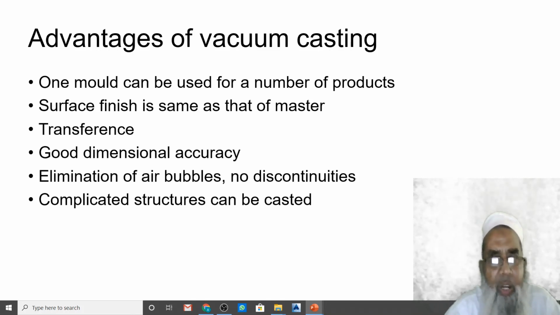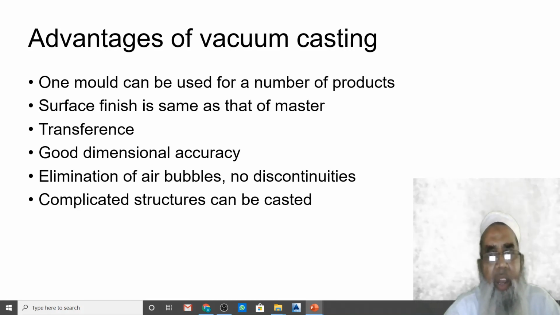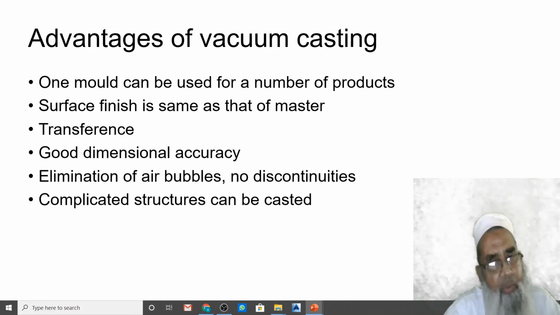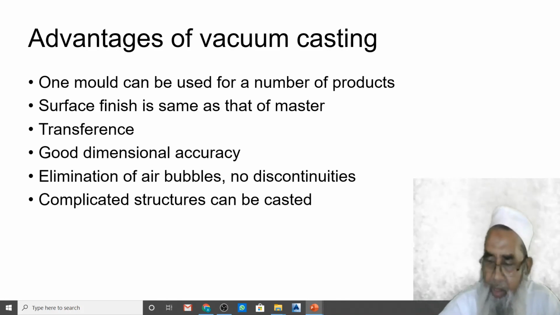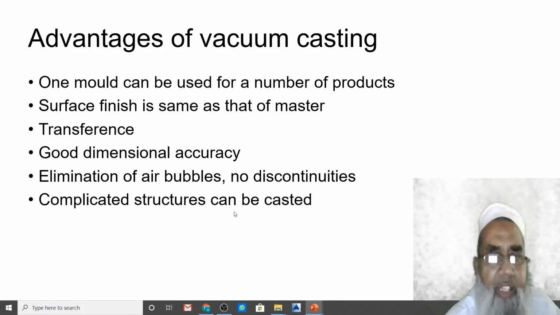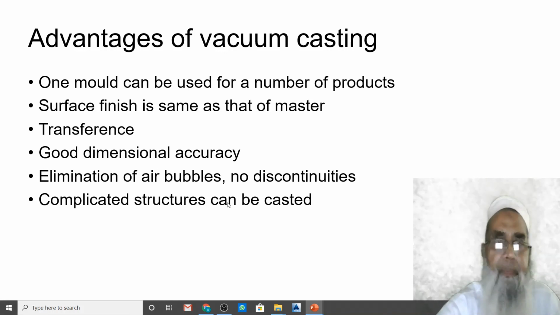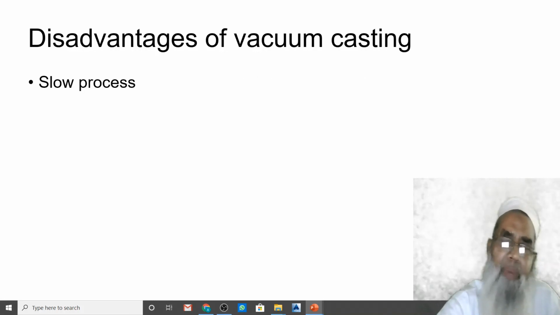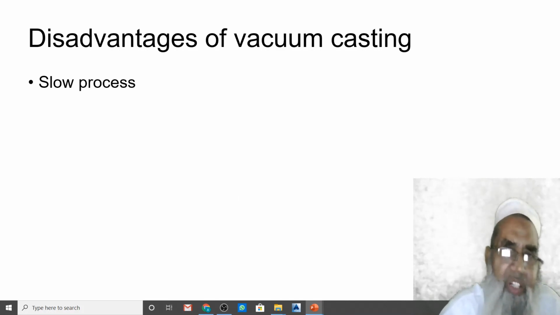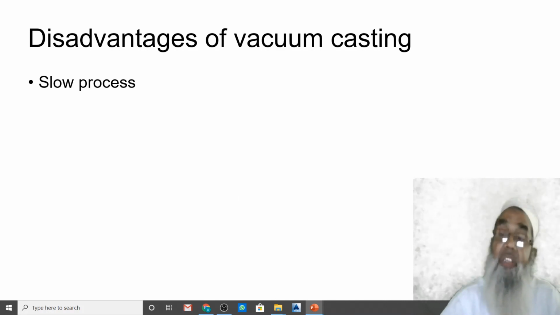It is a metallic one, and therefore there is elimination of air bubbles and discontinuities. Moreover, complicated structures can also be cast using this technique. But the major disadvantage is that the process is slow.